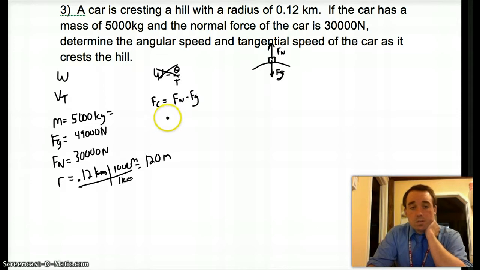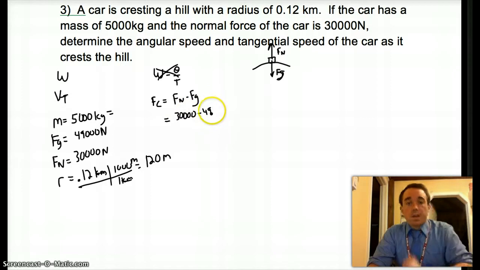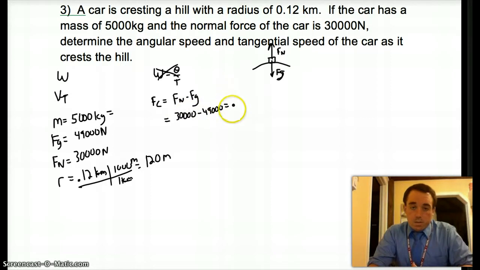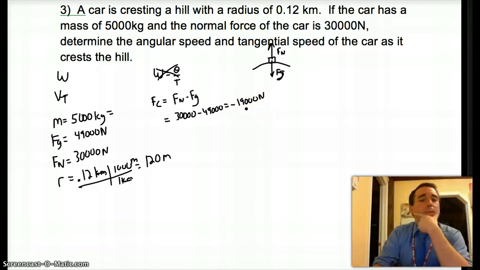And I know both of those, so my centripetal force is 30,000 minus 49,000, which is negative 19,000 newtons. So my centripetal force is negative 19,000, negative just because it's going down.